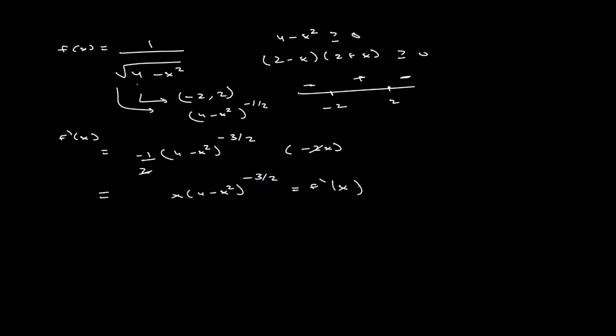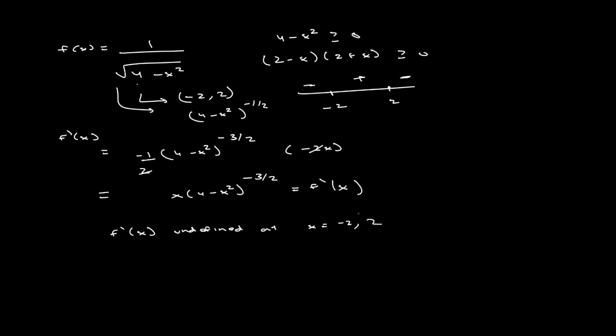Now to find the critical values of this function, we must find out where this is 0 or undefined, right? Undefined is basically where this denominator, because of this negative term, is 0, and that's just going to be the same points as negative 2. So f prime of x is undefined at x is equal to negative 2, 2.